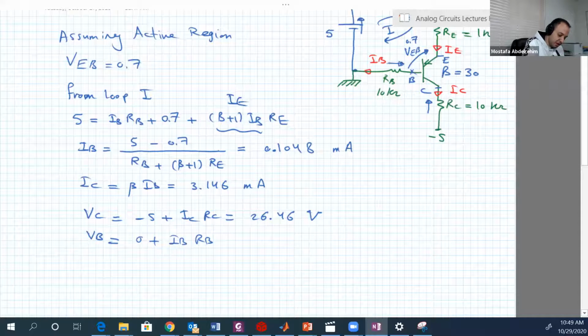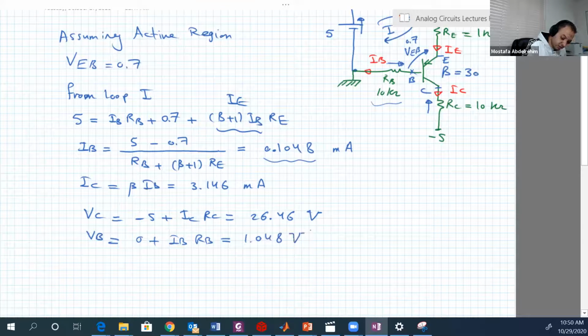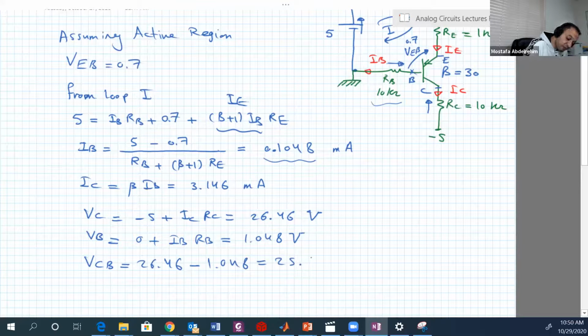IB is known, RB is also known, 10 kilo ohms, so this is 1.048 volts. For the PNP transistor, VCB is equal to VC minus VB, 26.46 minus 1.048. This is really big, 25.412. This is absolutely larger than 0.4. So the assumption is incorrect.